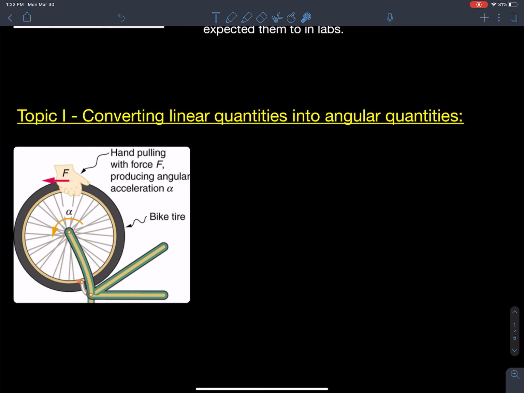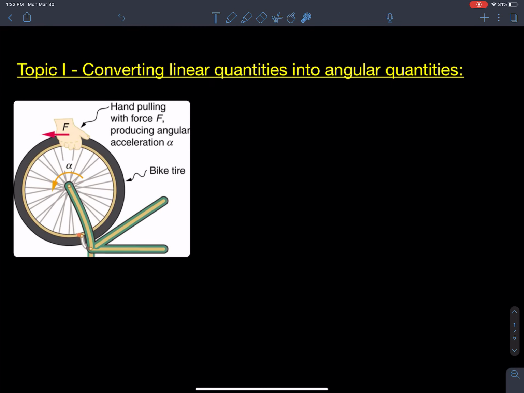Okay, so the first thing that we've got to do when we're talking about rotational motion is to review something that we've already done in simple harmonic motion and circular motion and talk about angular quantities, okay? It's much easier for me to look at an object that's rotating and talk about it in terms of how many revolutions per second it's making or how many radians per second it's making.